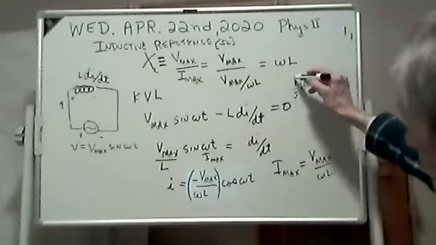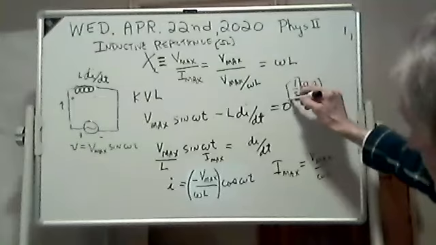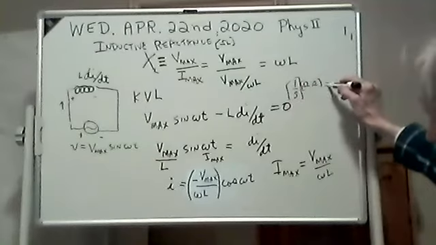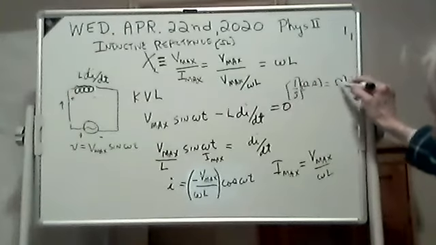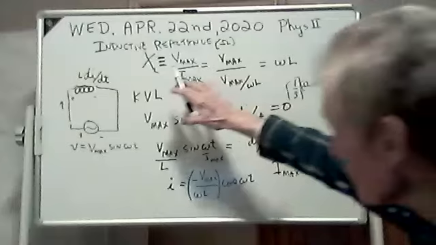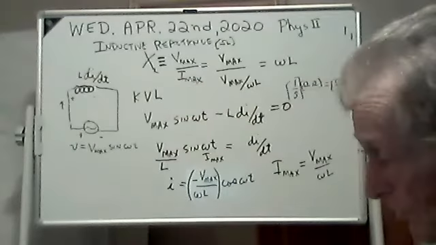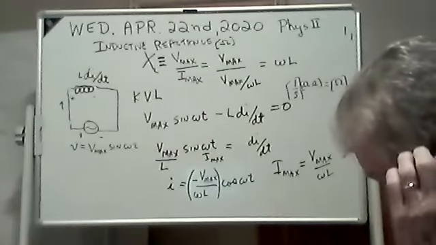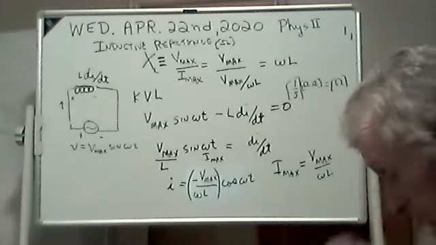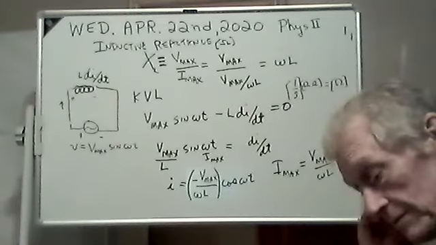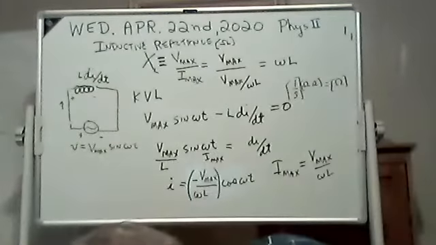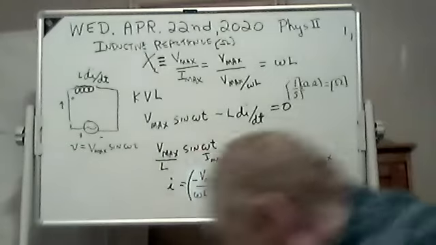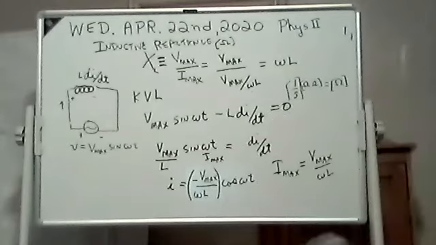So if you take 1 over seconds times ohm seconds, guess what? You get ohms, don't you? See, inductive reactance is in ohms. It's equal to omega L. Well, we come up with that now. Any comments or questions so far?